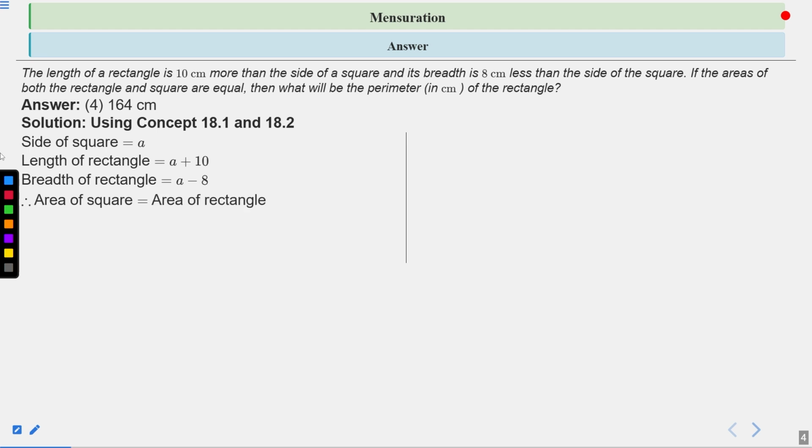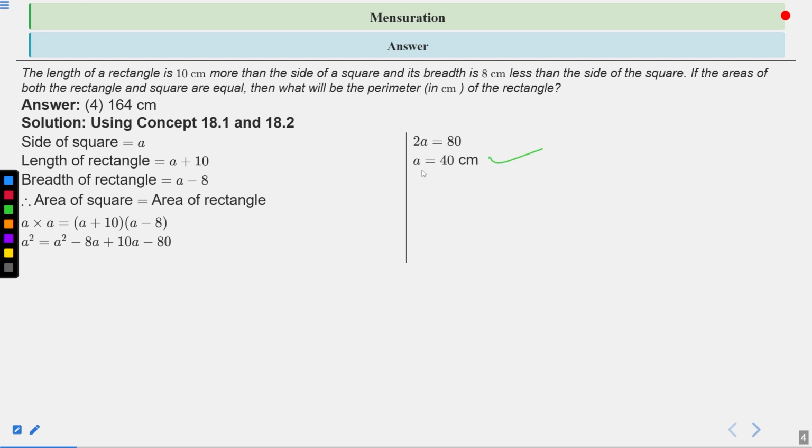According to the question, the area of the square equals the area of the rectangle. So a into a equals a plus 10 into a minus 8. Simplifying, we get a square equals a square minus 8a plus 10a minus 80. So a square will be cancelled out. Now we get 2a equals 80, or a equals 40.